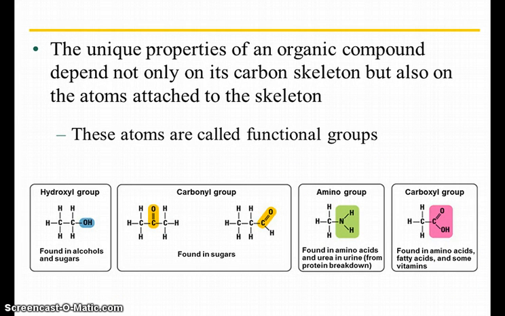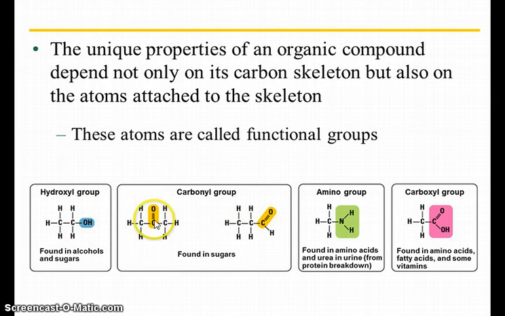Okay, so organic molecules, you've got carbons, you've got hydrogens, you've also got other things attached there. And the general name for those other things are either called R groups or functional groups. So in a hydroxyl, OH, you've got an alcohol there.